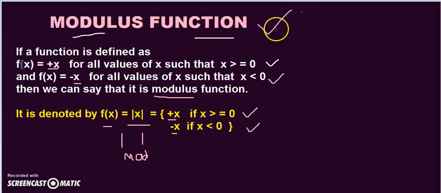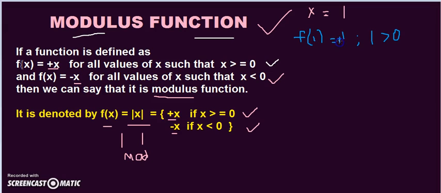For example, if I take x is equal to 1, what will your function return? f of 1 is equal to 1, because 1 is greater than 0, so it should result in plus 1.